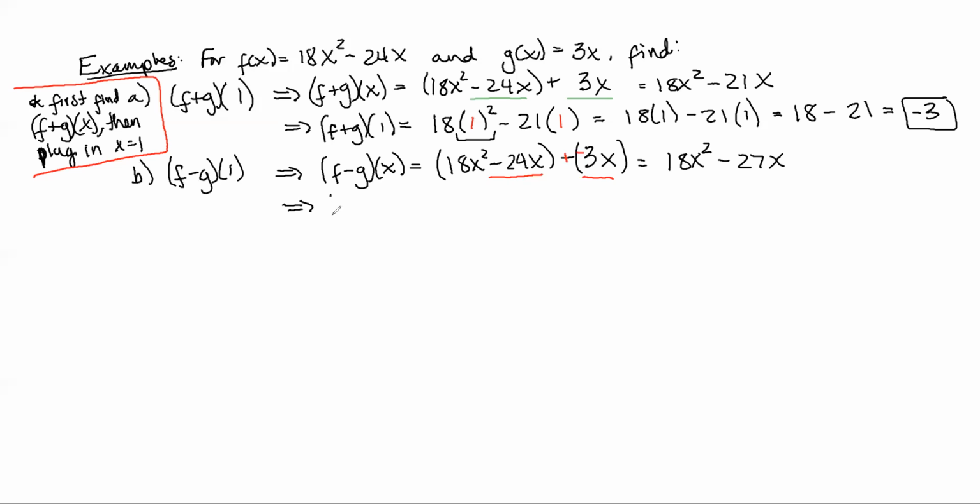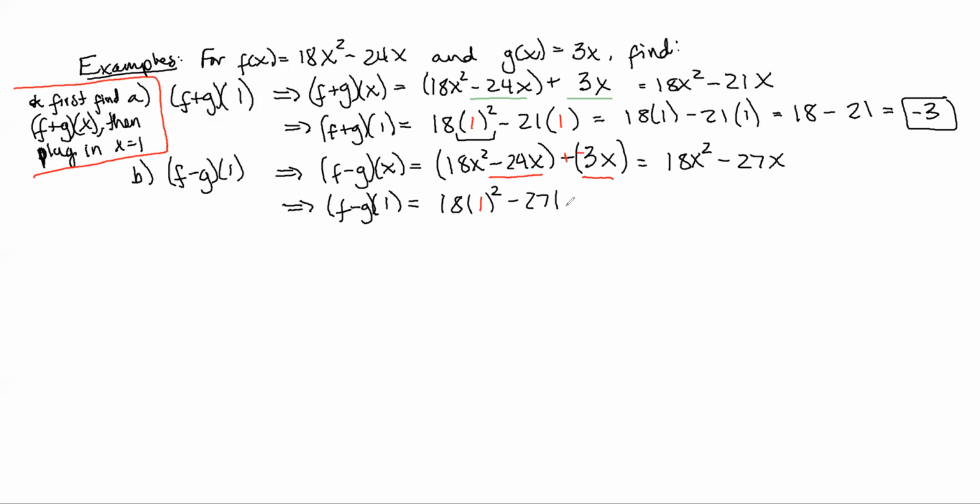And now let's find f minus g of 1 by plugging in 1. So we're going to have 18x squared, so 18 times 1 squared minus 27 times 1.